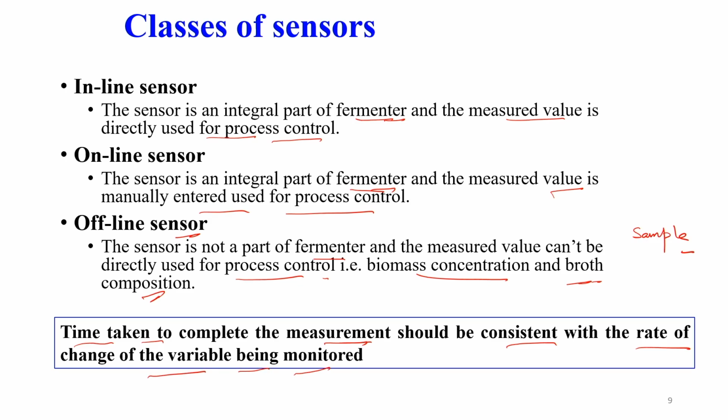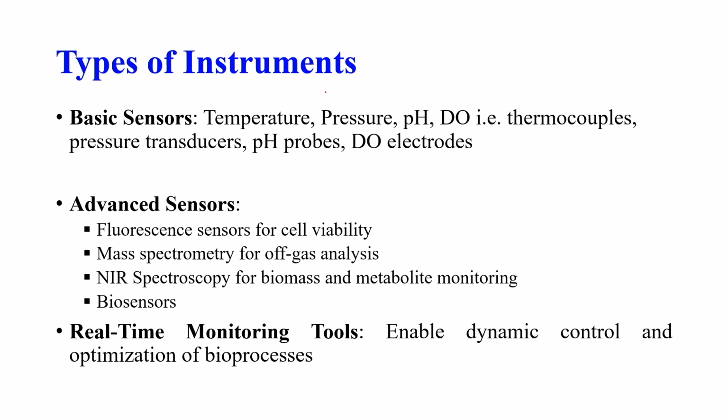Let us say if you are monitoring the biomass concentration, if it is taking too long, till the moment you get the result, it has increased or decreased further. So, this monitoring cannot be used for control purpose. So, this is very important, that the time required for the measurement should match with the rate of change in that particular process parameter or variable.